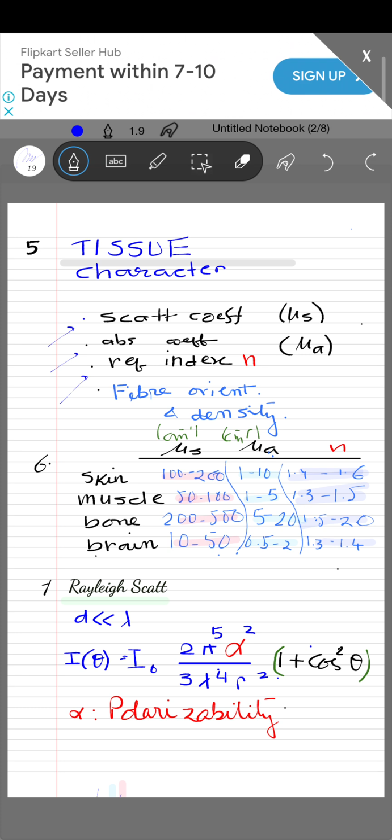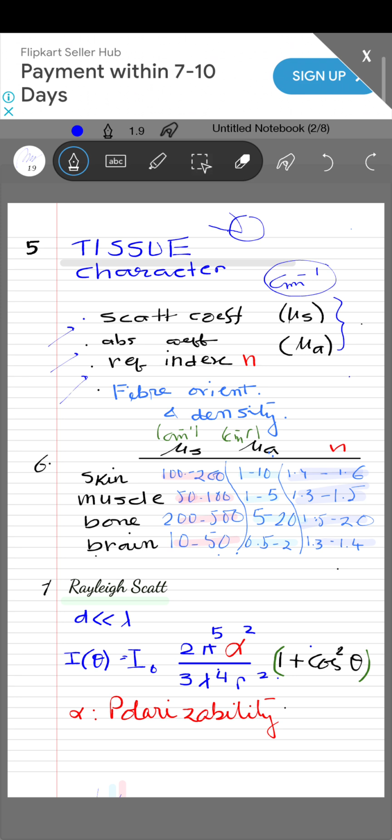Both the scattering and absorption coefficients have the unit of inverse of length. So it indicates that if the coefficient is high, the scattering is taking place from a shallow depth. That's why the unit is inverse centimeter, theoretically or logically you can think of that.